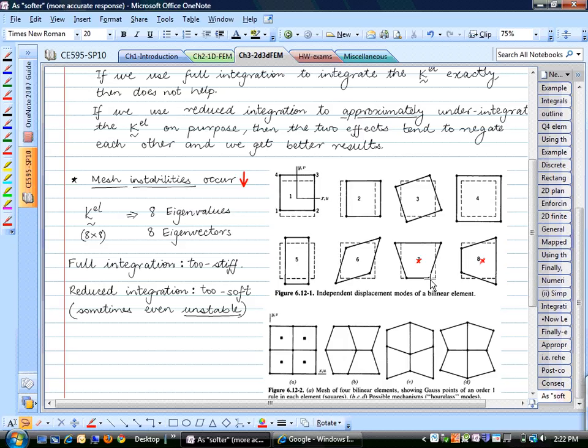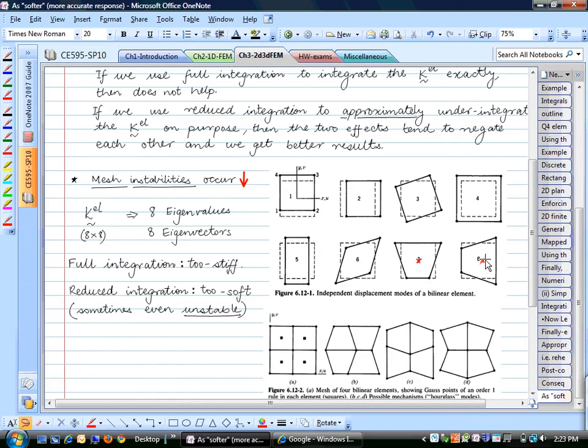And you can see that the area of the original shape and the area of the deformed shape are exactly the same. So Jacobian turns out to be 1, which means that reduced integration treats this also as a rigid body mode, as a 0 energy mode. It does not take any energy for that element to deform like this if you use reduced integration.